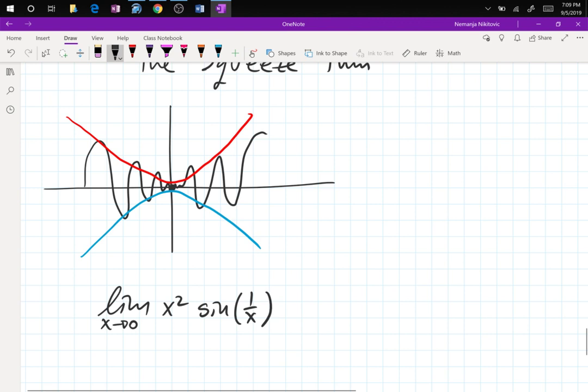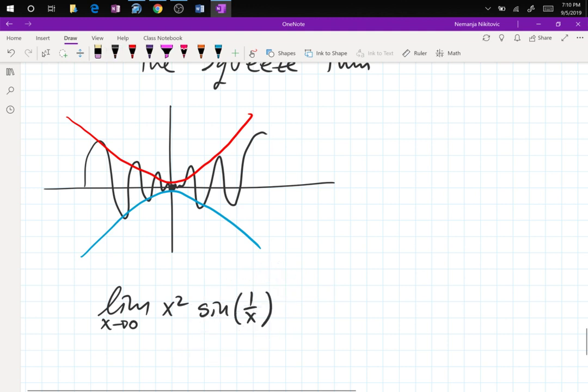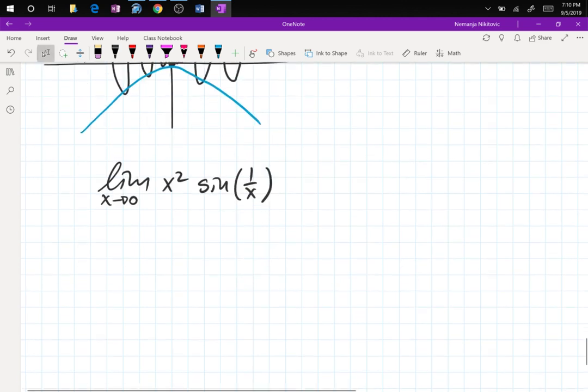So you can never get a number larger than 1 for this. And because of that, you can just throw it in the garbage. And then the limit of x squared is 0, and you're done, right? But if we are not making that argument, okay, we can use what we call the squeeze theorem.